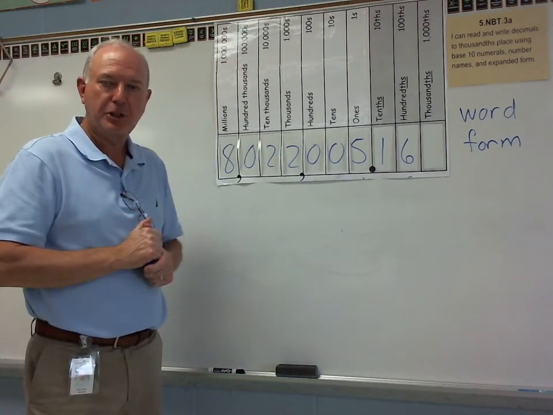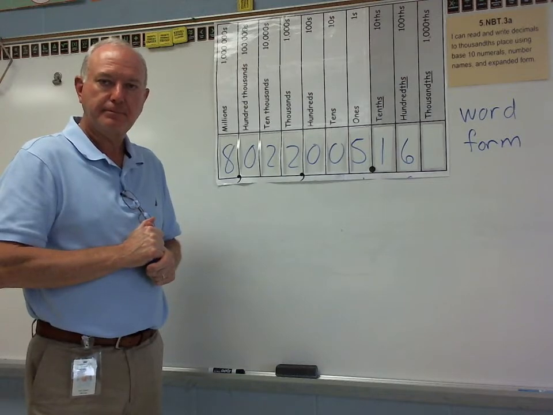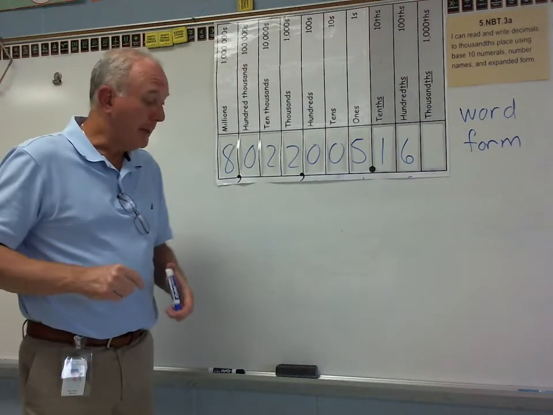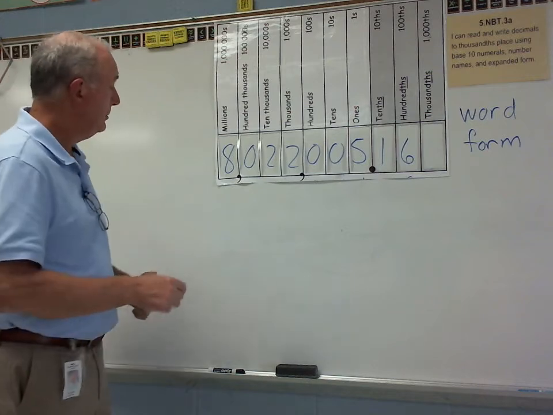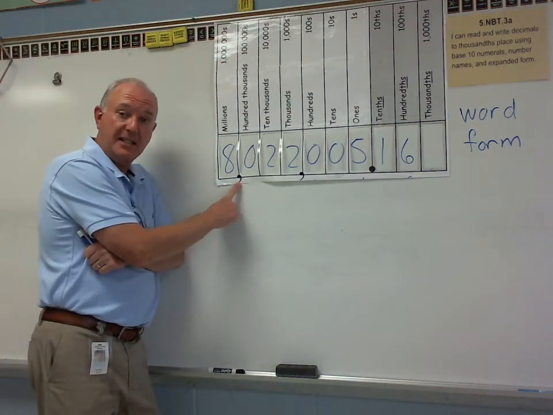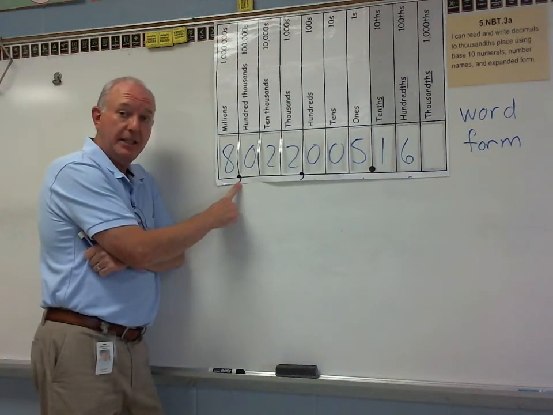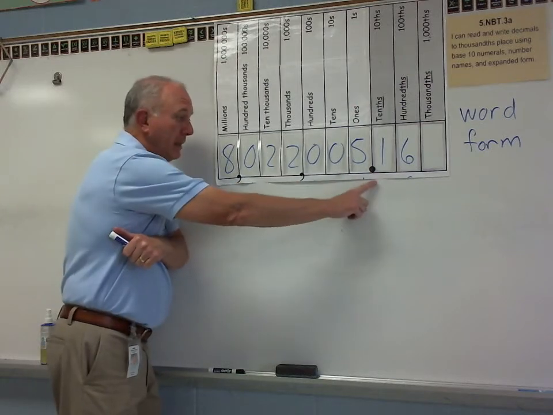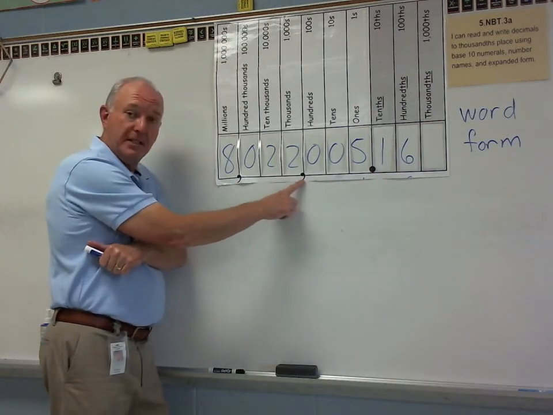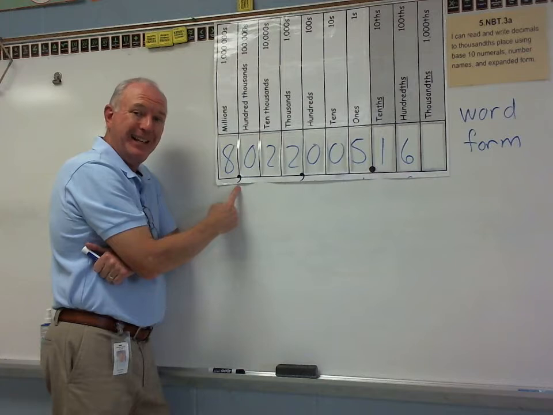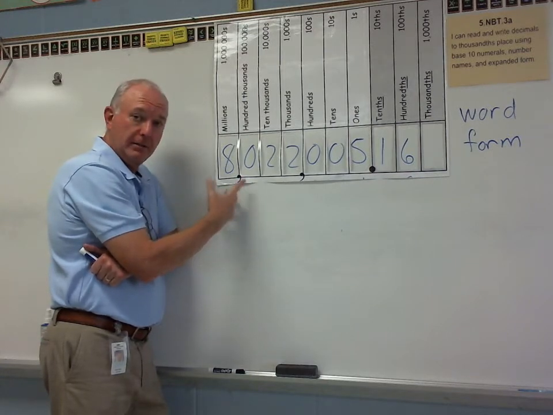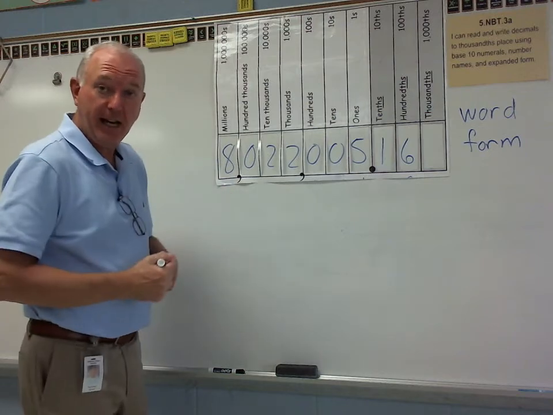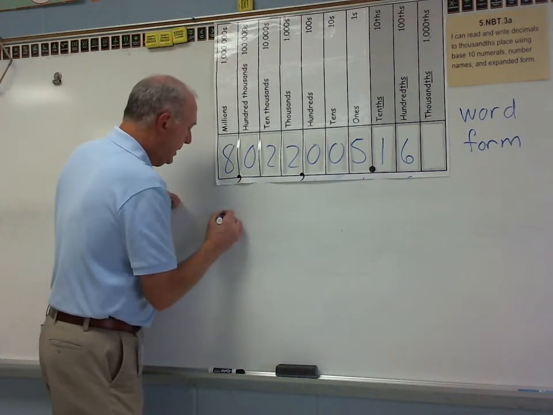Pause and work that and see what you get. Okay, now we're back. Let's check and see what you got. Now, the key is this comma right here. We haven't talked about that yet. And this comma says thousand, this comma says million. So 8 million is what you should start with. Did anybody get that? I bet you did.